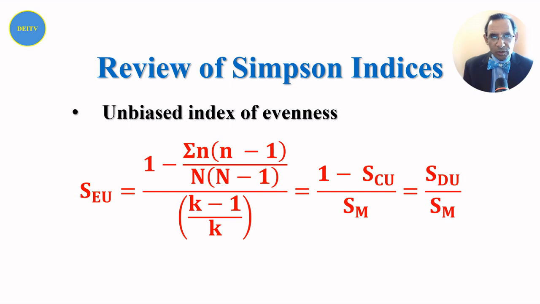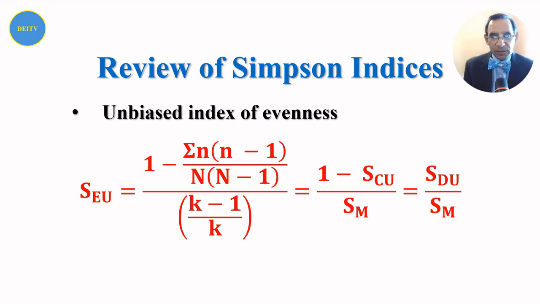So one way to obtain the unbiased Simpson evenness score is going to be 1 minus the sum of the number or frequency of individuals in each category times the number of individuals minus 1 in each category. Divide that by the total number of individuals in the organization times the total number of individuals in the organization minus 1.